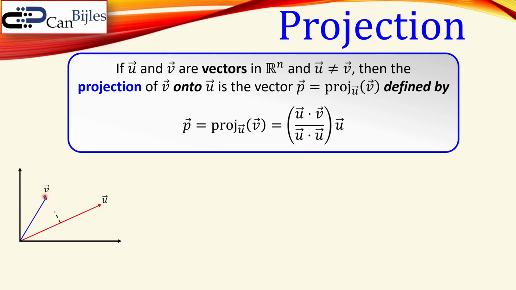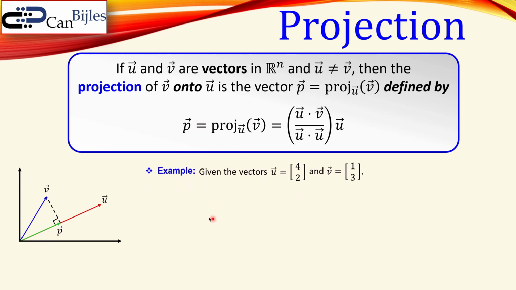That means actually you go perpendicular to this vector u, so you actually make now the shadow here. That shadow is this green arrow, and now we would like to know how do we calculate this length of this vector v onto this vector u. And this is now called p in this case, which is then given by this expression.